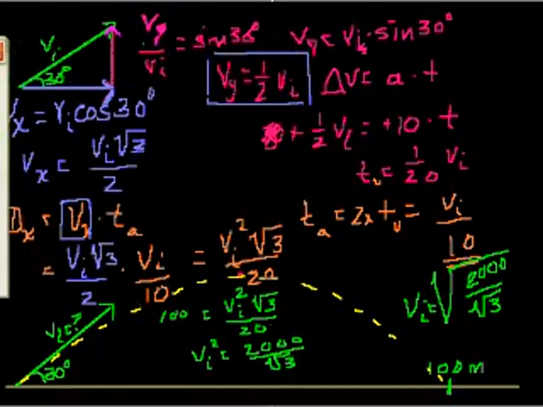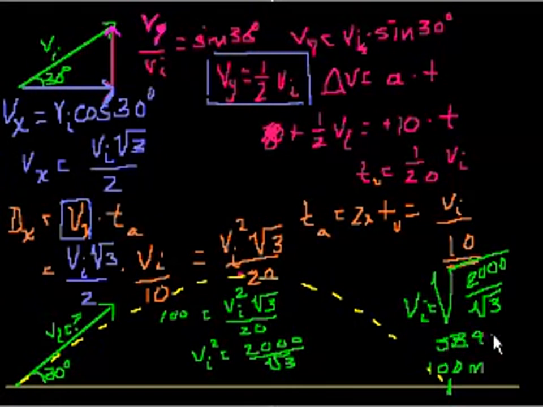So almost 34 meters per second. So my initial velocity has to be 33.98 meters per second to exactly hit this target 100 meters away.